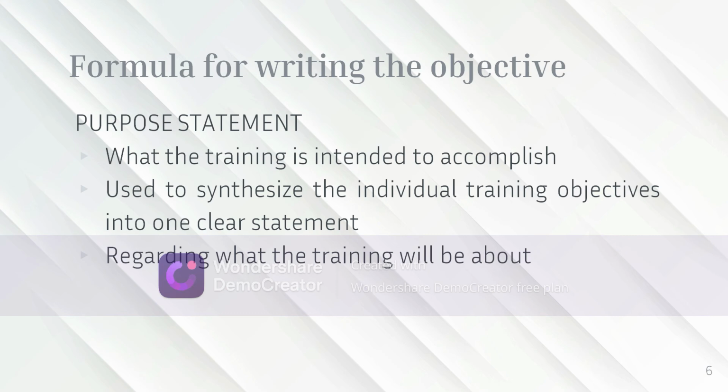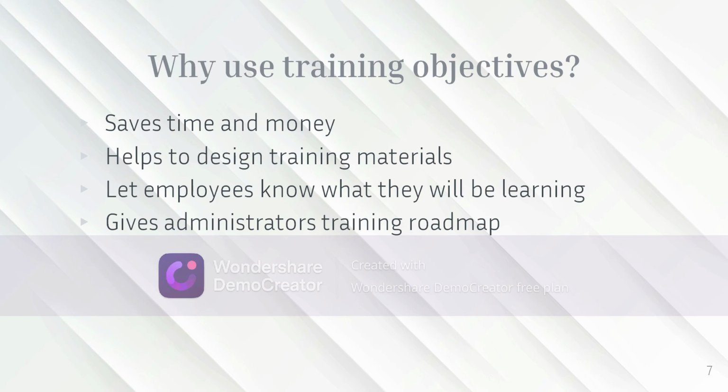Now moving on to why use training objectives. The first component is that it saves time and money. Companies may think that objectives are an unnecessary planning step that wastes time.